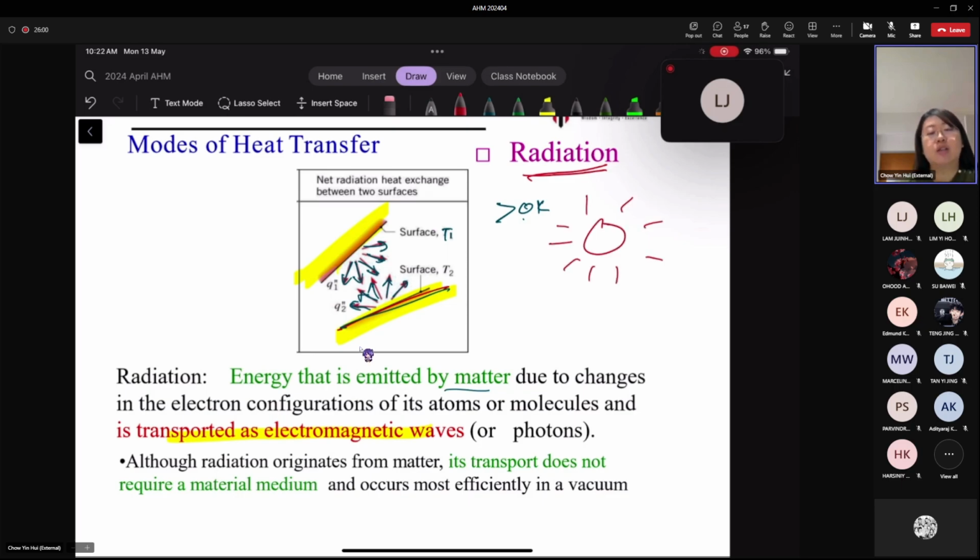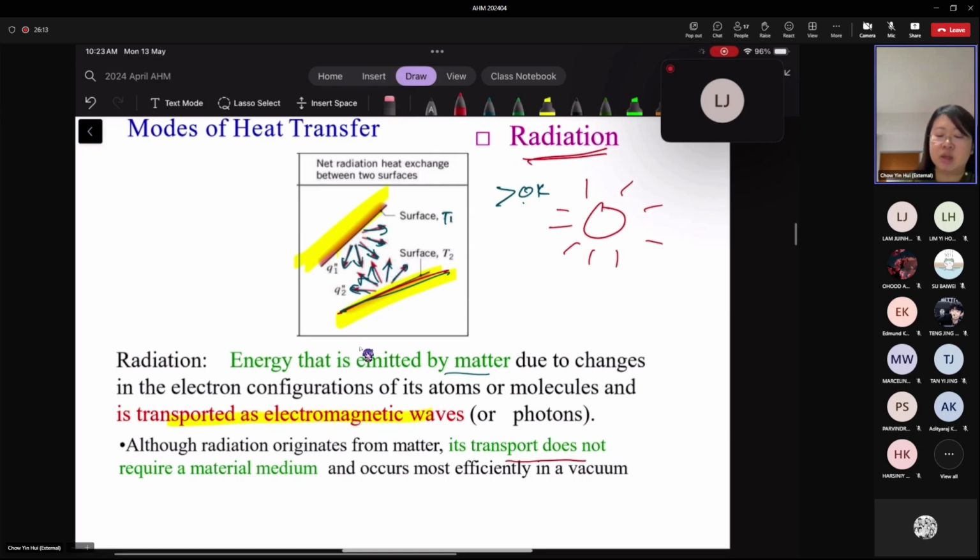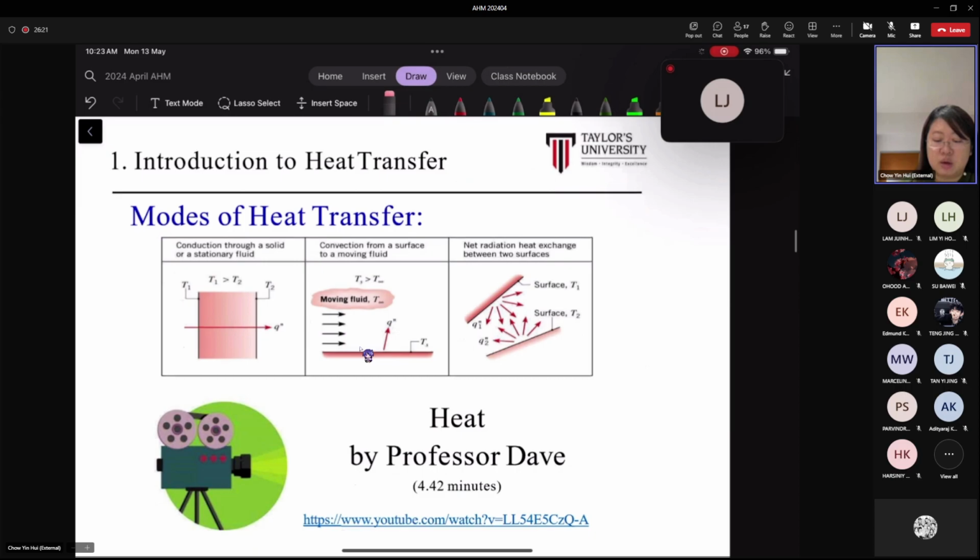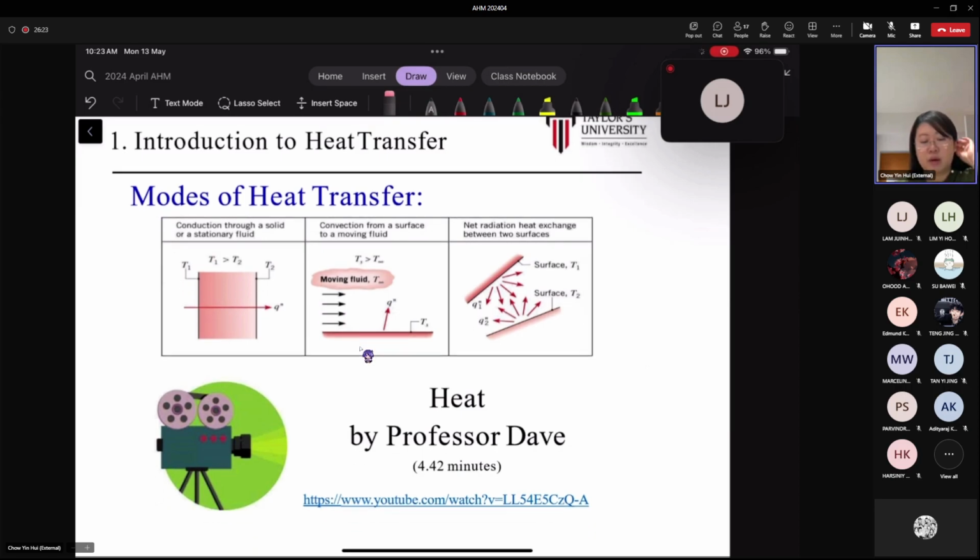Or sometimes you can even feel it when you bring your hand near any hot surface. You will feel the heat that is released in the form of radiation. All right. So radiation transport does not require a medium, and it occurs most efficiently in a vacuum. So we have briefly talked about the modes of heat transfer.